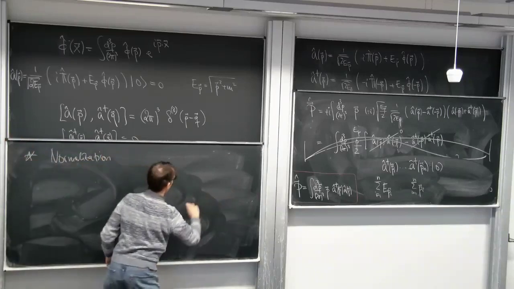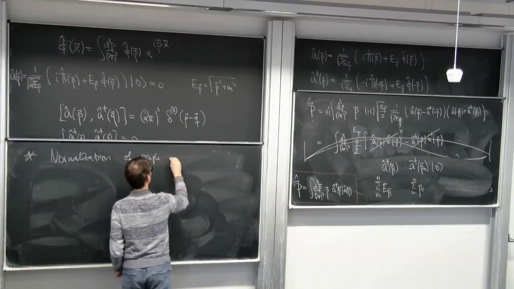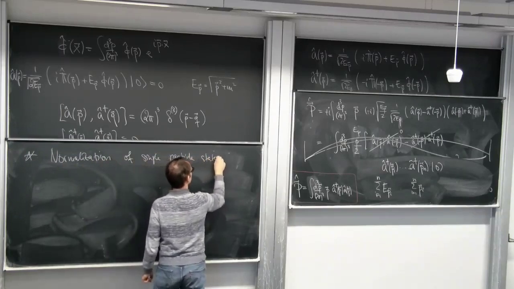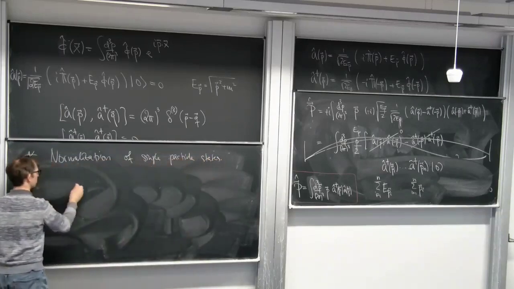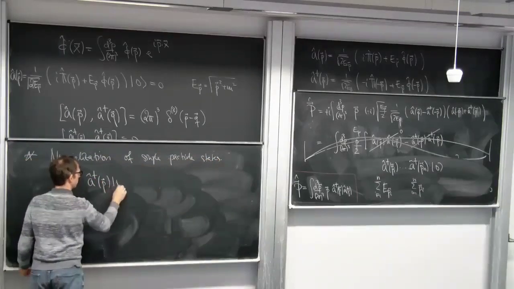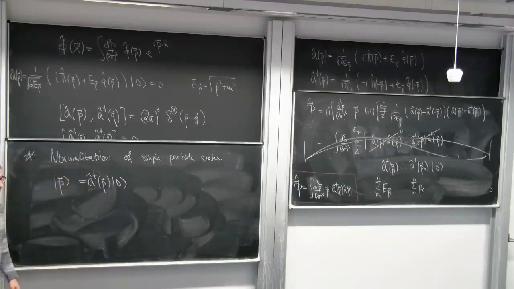The normalization of these states, and let's say the normalization of single particle states. These are just these guys, A dagger of p acting on 0. Start with calling this p with a 1.